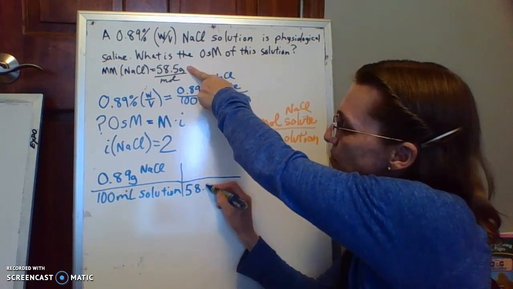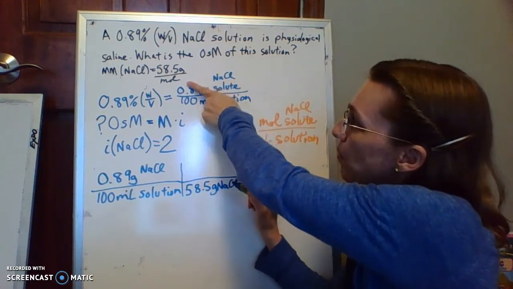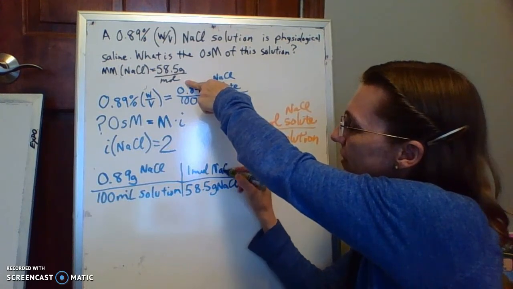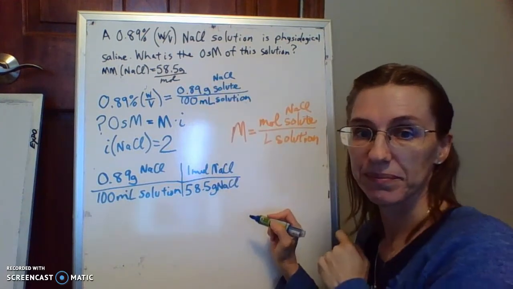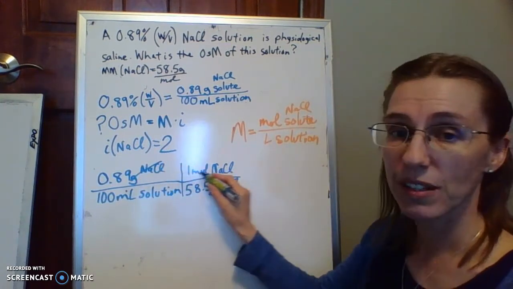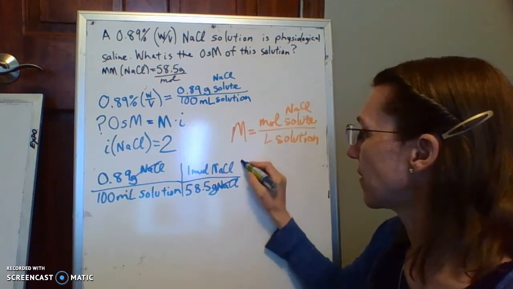It's 58.5 grams of the sodium chloride per 1 mole of the sodium chloride. So it's the molar mass of sodium chloride. Okay. Grams will cancel out with grams. Now the only thing in the numerator is moles, and that's what we want. So we're on the right track there.